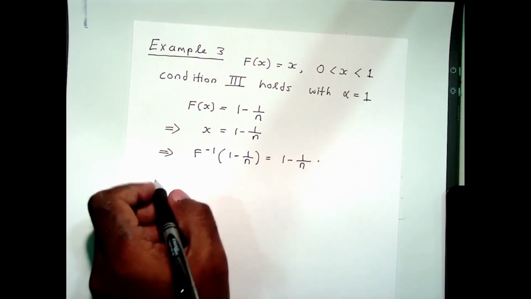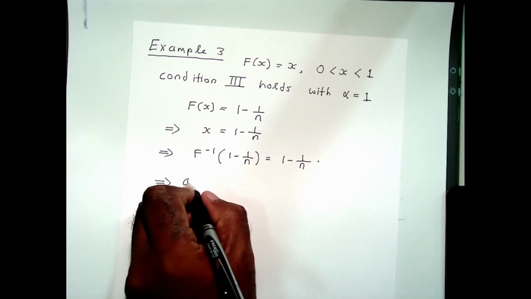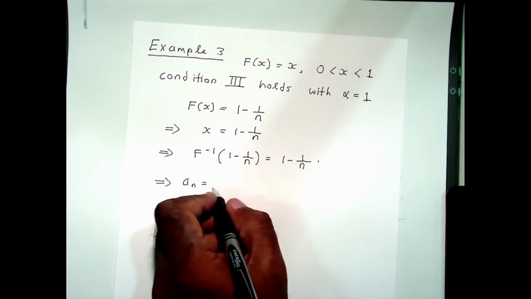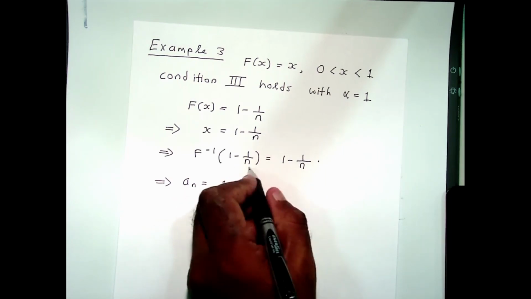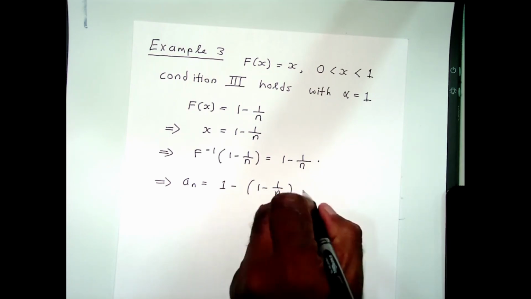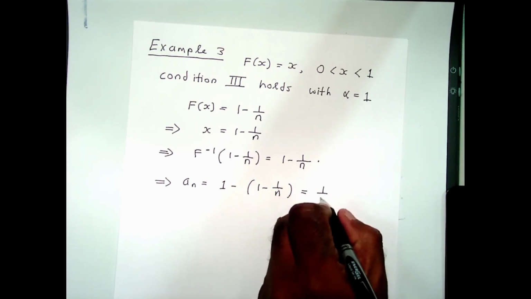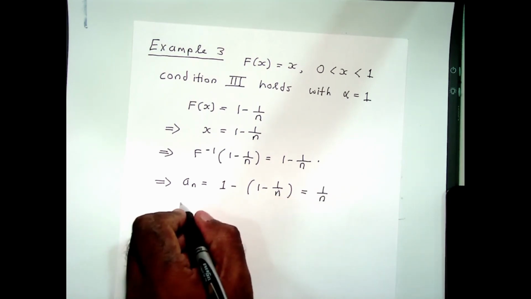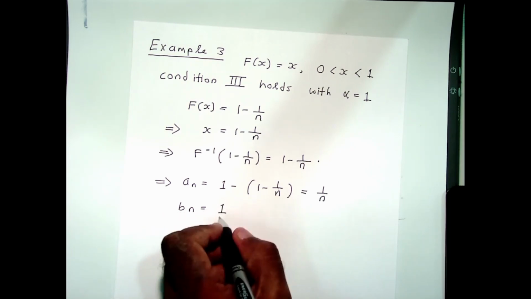So hence your an, remember an is w of f, which is 1, minus the inverse function at 1 minus 1 over n, and hence, because the two 1's cancel, you get 1 over n, and your bn is equal to w of f, which is 1.